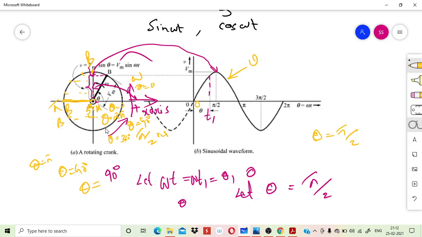Okay, and after 2 pi the waveform gets repeated like this.